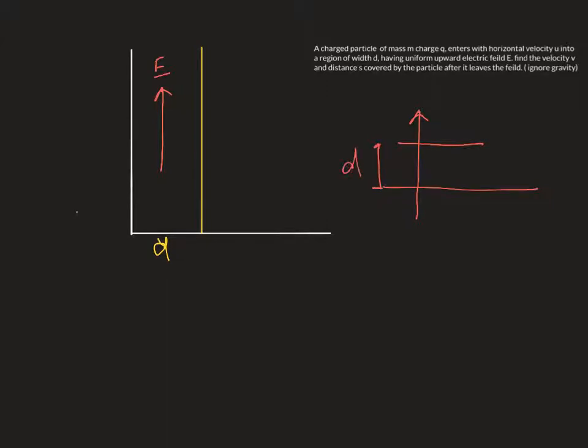No, here's the problem. If you consider this as width d, that means the electric field is only in this region and no field after this region, and that would mean that the field is non-uniform.